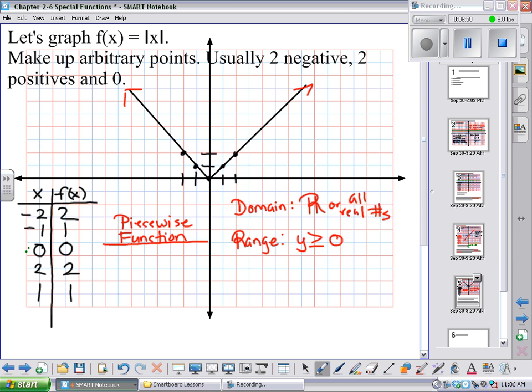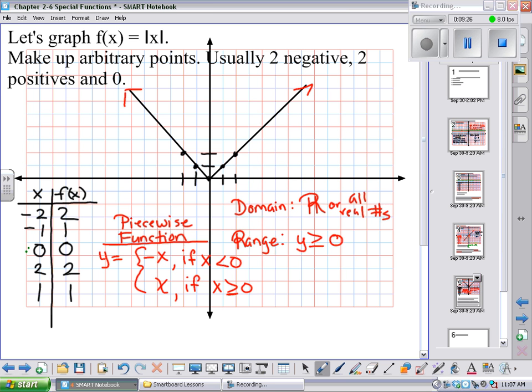So for instance, we could say that y equals -x for values of x less than 0, and then y equals x if x is greater than 0. I'm sorry, greater than or equal to 0, because we want to include 0.